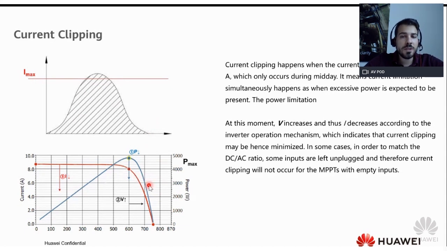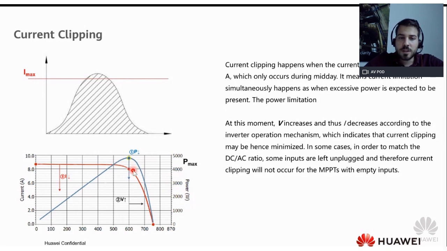To limit the power, if 200 kilowatt DC is coming, and at that moment the inverter is only capable of adding 185 kilowatt to the grid, for example, the inverter has to modulate the MPPT point of the strings connected to one MPPT.